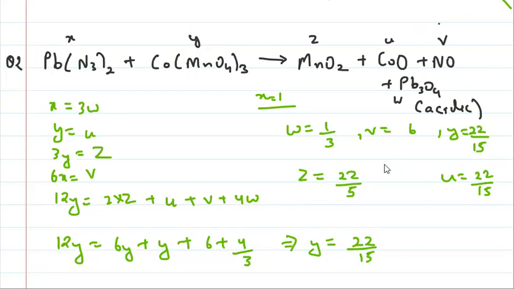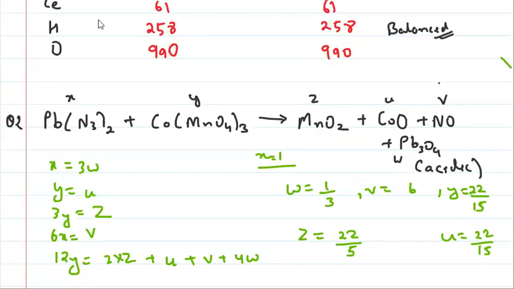Now we just have to put it in. I'll use the red pen over here. X is 1. Y is 22 by 15. Z is 22 by 5. Now U is 22 by 15. V is 6.